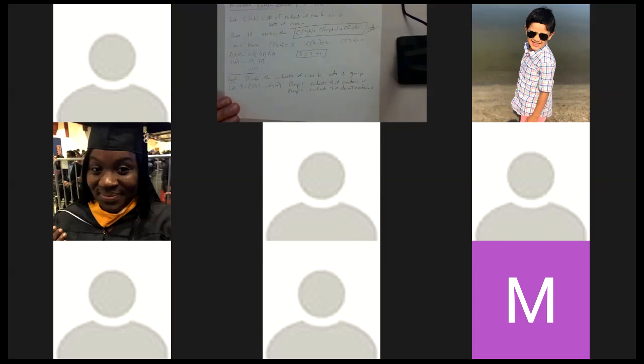So the problem is what? We have a set of size n. We want to count the number of subsets that contain exactly k elements. And we can divide them into two groups. We can take one of the elements, say n, and look at all the sets that contain n. And group 2 is all the subsets that do not contain n.